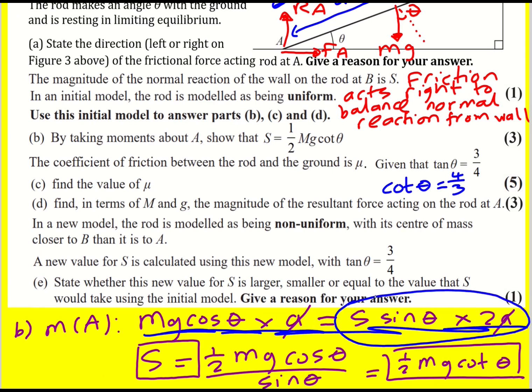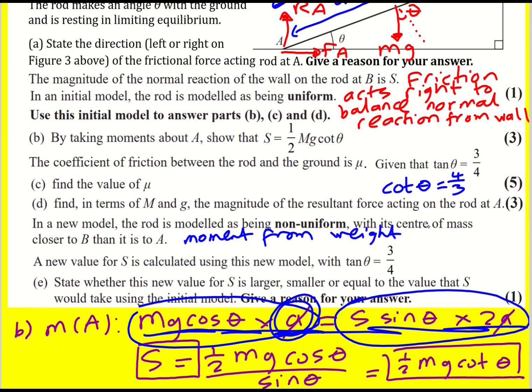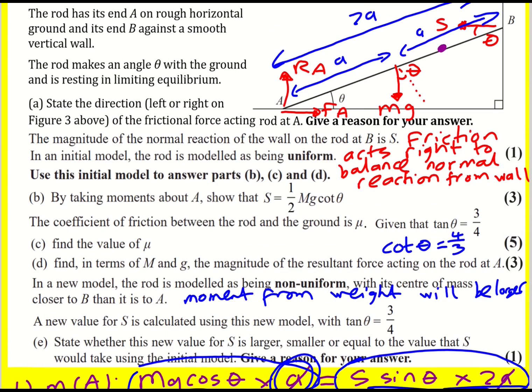The right-hand side would remain the same, but the left-hand side would become larger because we're further away from the pivot. So basically the moment created by the weight will be larger. Let's imagine it was here, like 1.5a.